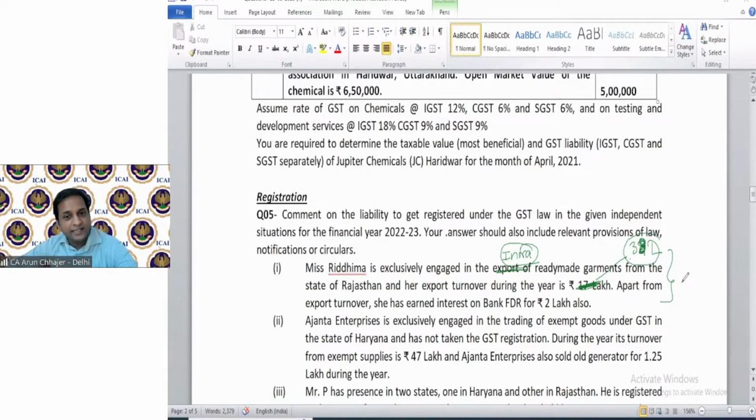Now please tell, if the intrastate supply is 38 lakh and interest on FDR is 2 lakh, so the aggregate turnover is 40 lakhs, right?